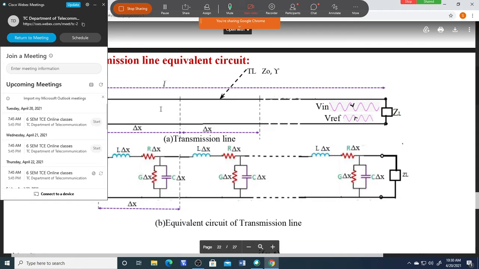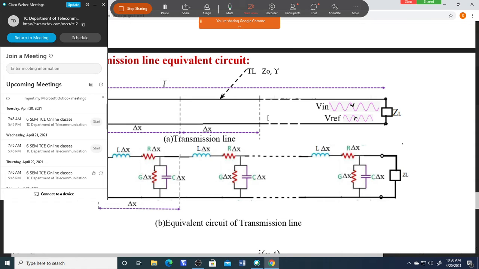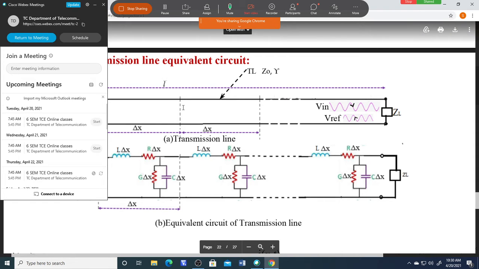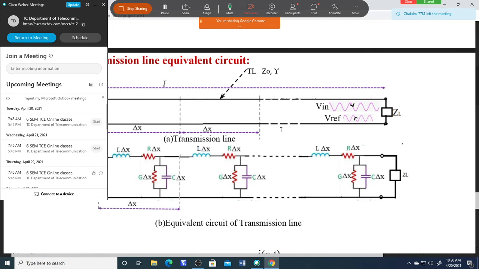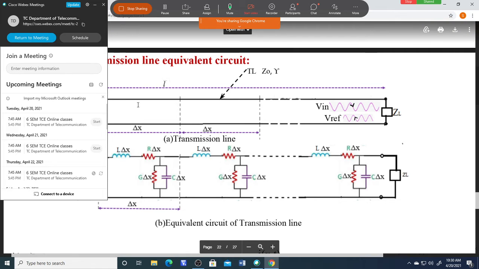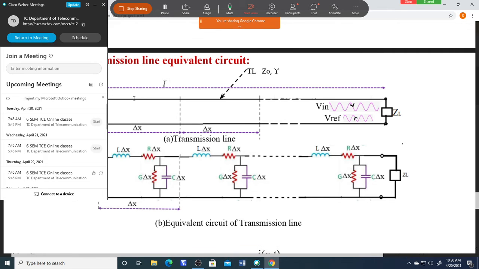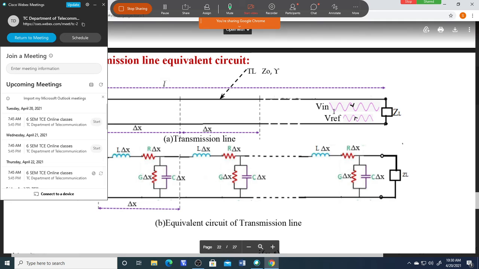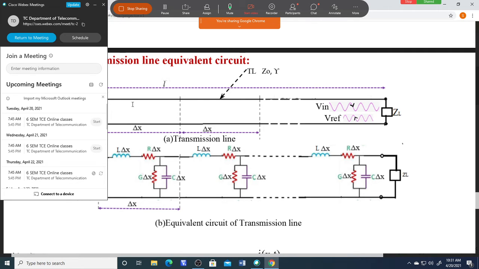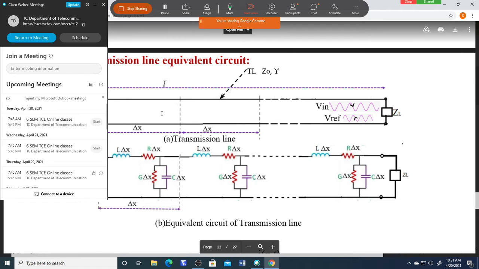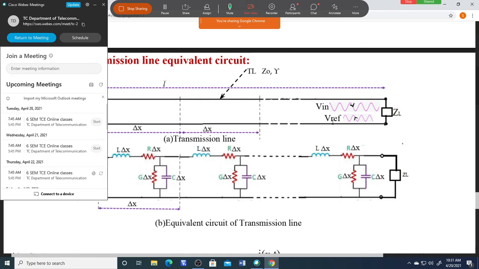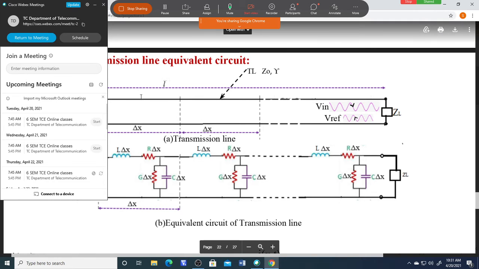So at any instant of time, if you consider, there are two waves traveling over the transmission line. One is an incident wave, another is a reflected wave. So at any position, the voltage is the addition of these two signals. Similarly, current is also the addition of two currents. One is the incident current. If instead of considering voltage you consider current, there are two currents.